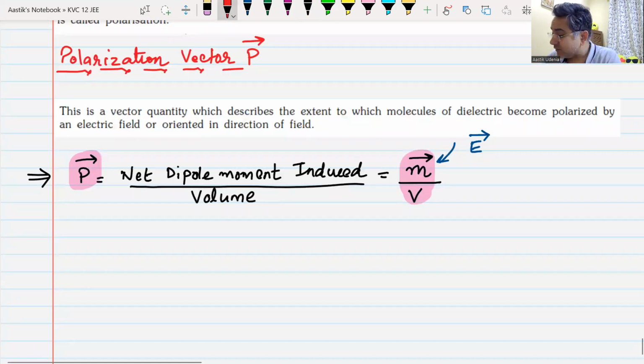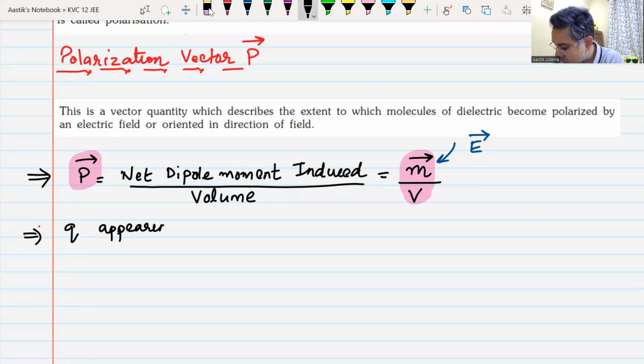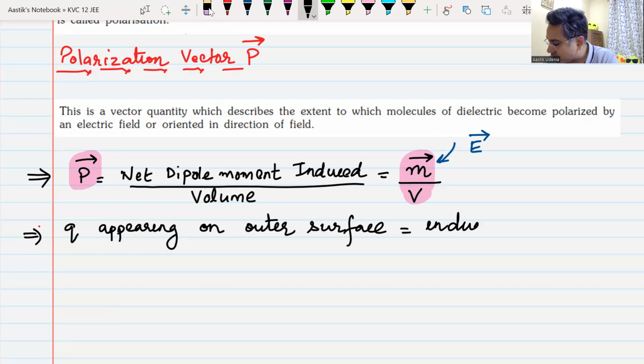That is the next thing that we are going to write: the charge appearing on the outer surface is known as induced charge, and you can write it as Qi.